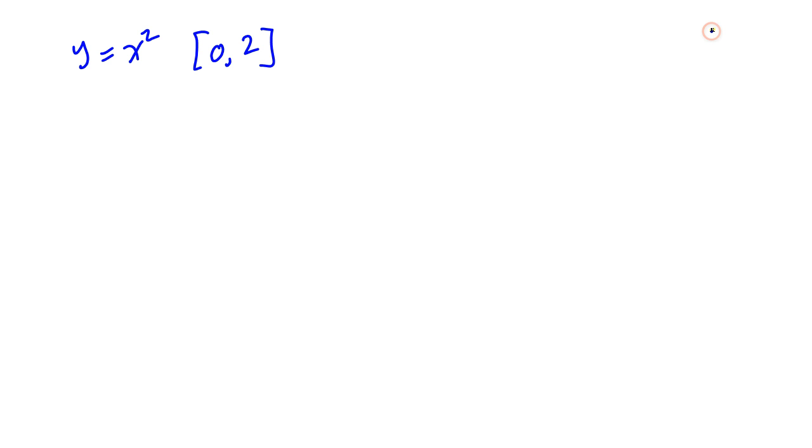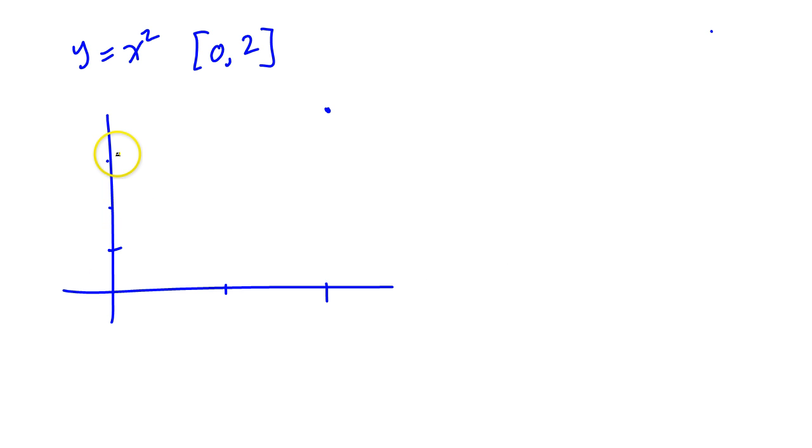I'm going to stretch it out just so I can see a little better what's going on. So at 1 the height is 1, at 0 the height is 0, and at 2 the height is 4. So it goes all up to 4 there. The scale is not the same left and right, up and down at the moment, but anyway, you get this parabola, y equals x squared.